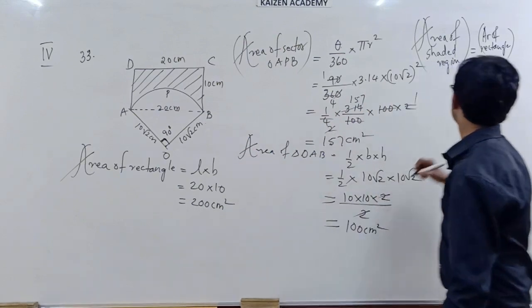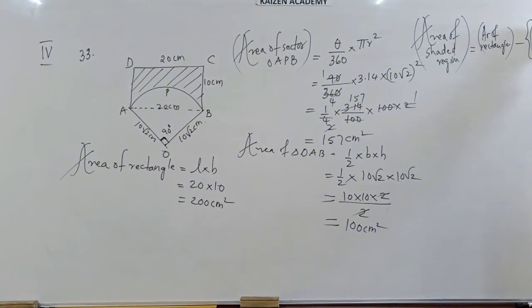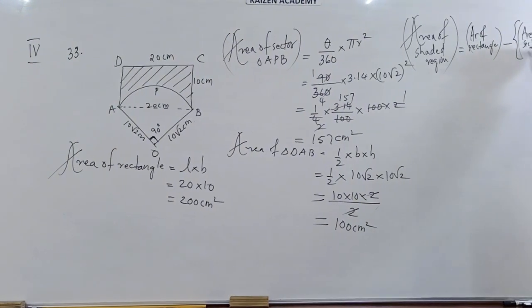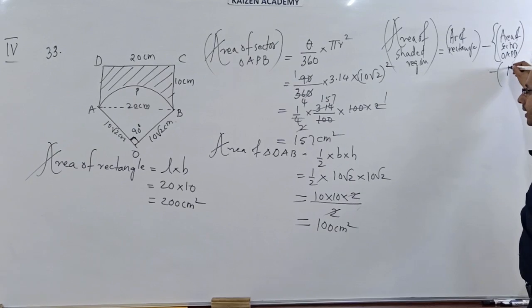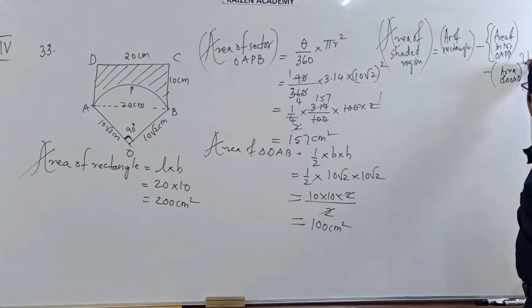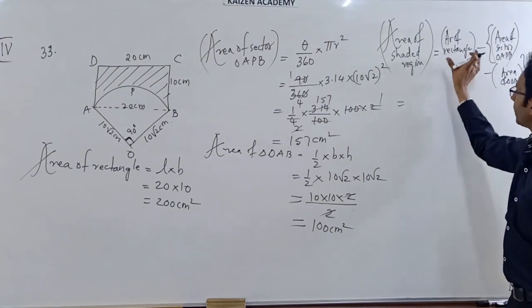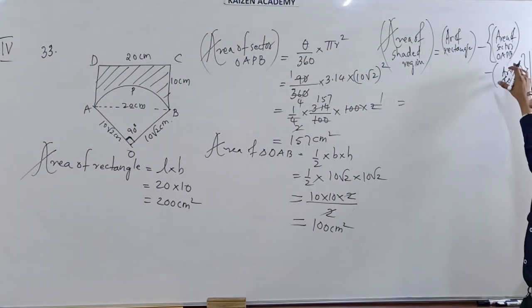So therefore subtract first area of sector OAPB minus area of triangle OAB. So area of rectangle minus area of sector, subtract area of triangle from that.